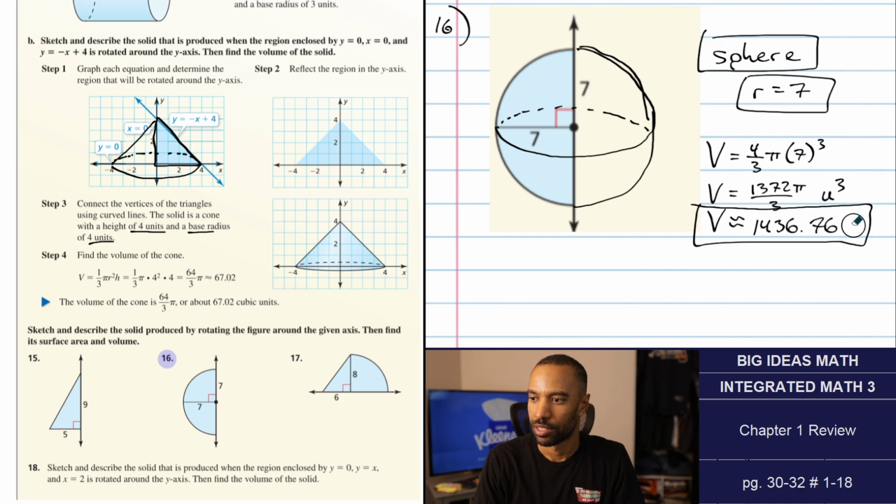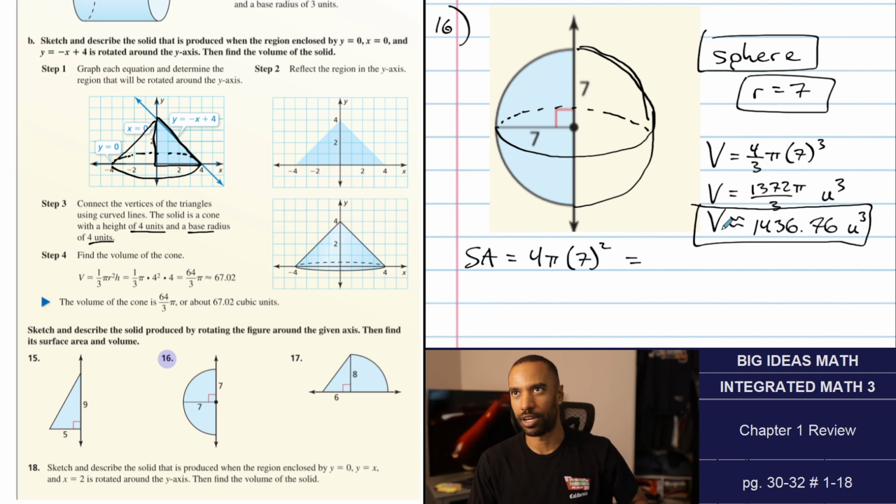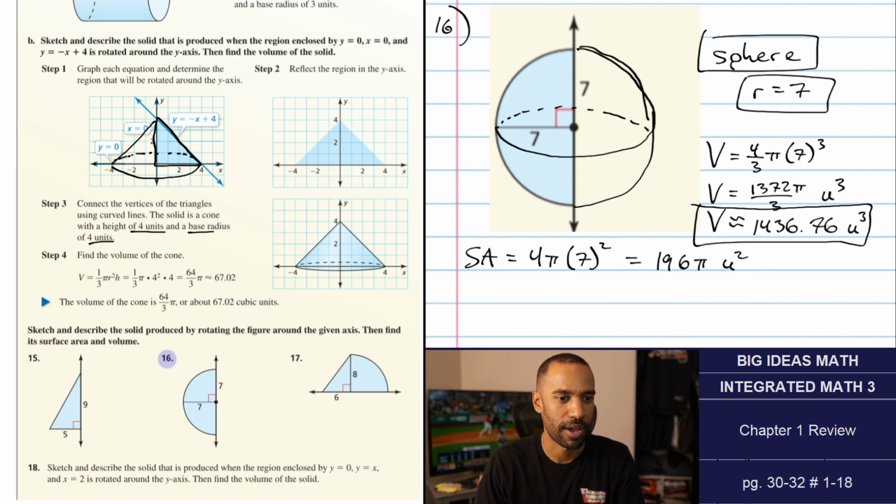What did I just say? This is cubic units here. Okay. Surface area. Surface area is 4 pi r squared. So 4 pi times 7 squared. 7 squared being 49. 49 times 4 is 196. So we get 196 pi square units. And 196 times pi. A little faster than the last question, I think.